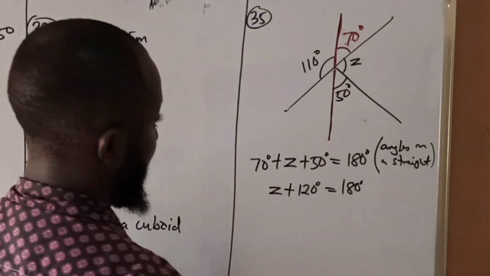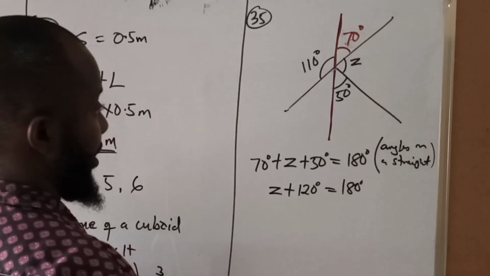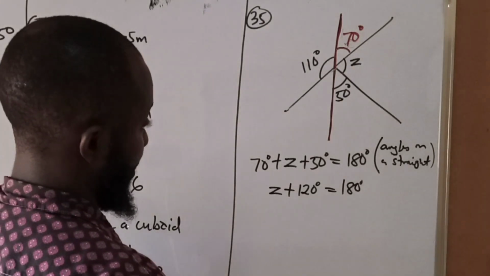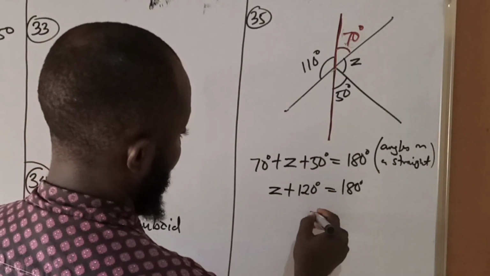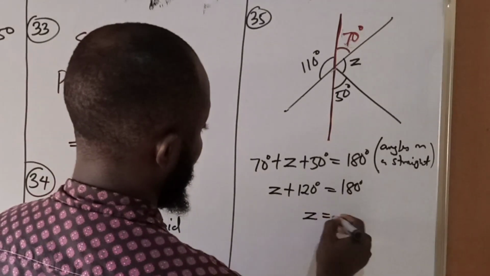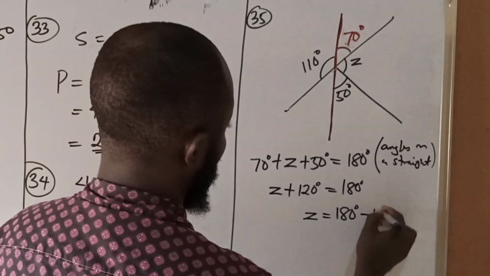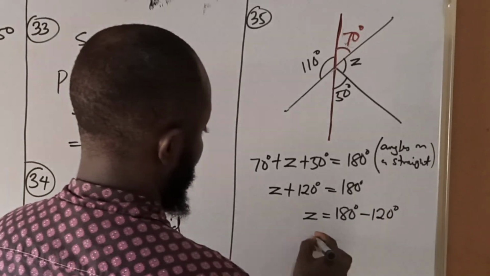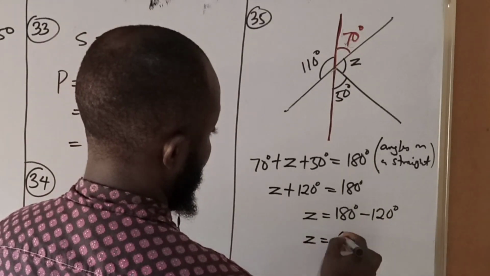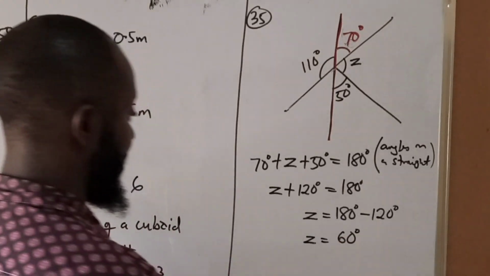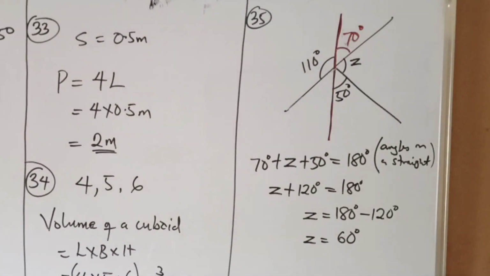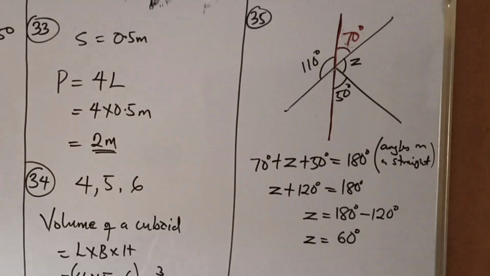I explained in one of the videos I made on WAEC, so you can check that out on my channel. So z will be equal to 180 degrees minus 120 degrees. That gives 60 degrees. So this angle z is 60 degrees.